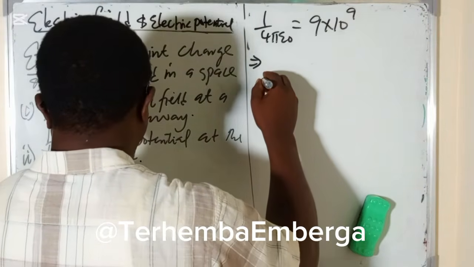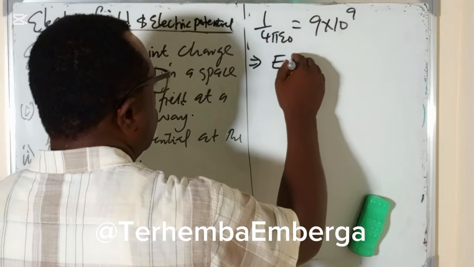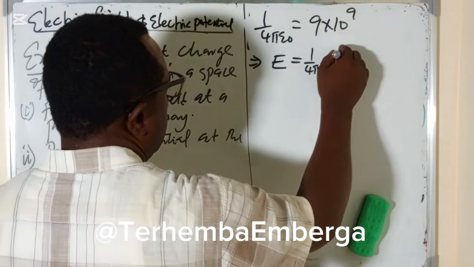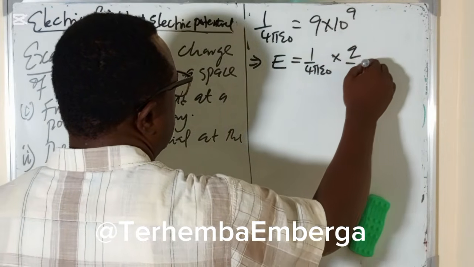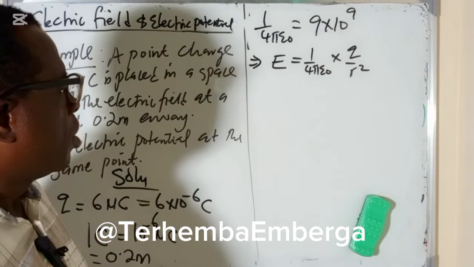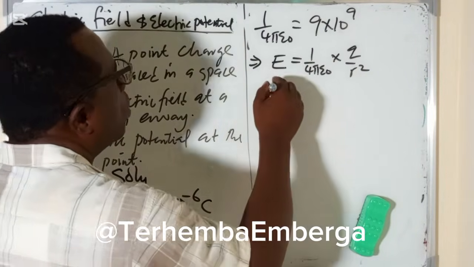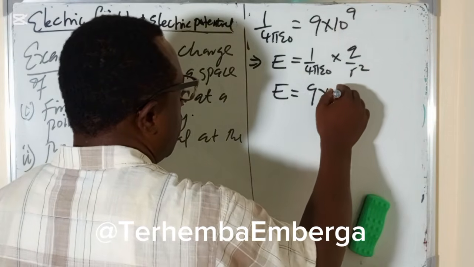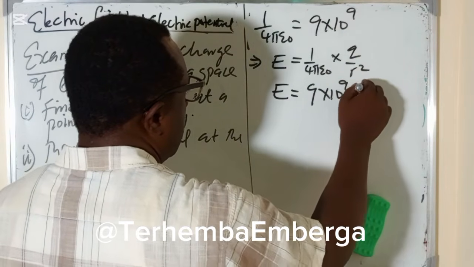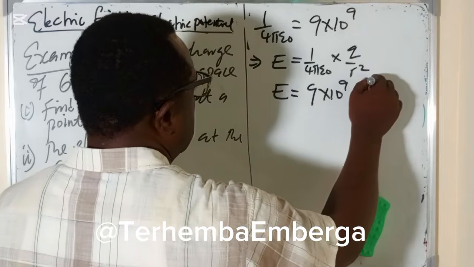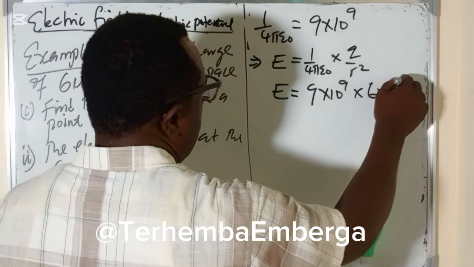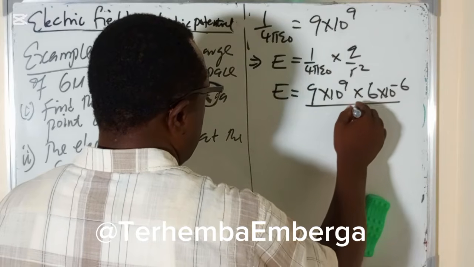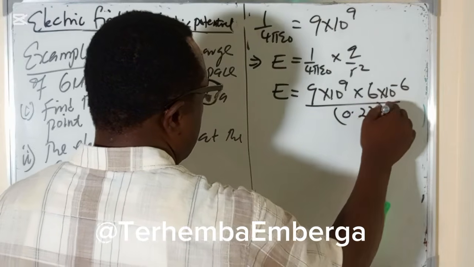E is equal to 1 over 4 pi E naught times Q over R squared. So E now will be equal to 9 times 10 raised to power 9 times 6 times 10 raised to power minus 6, divided by 0.2 squared.